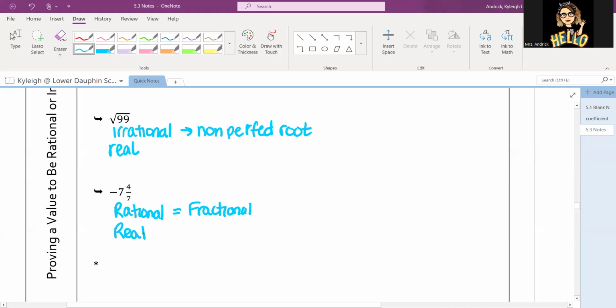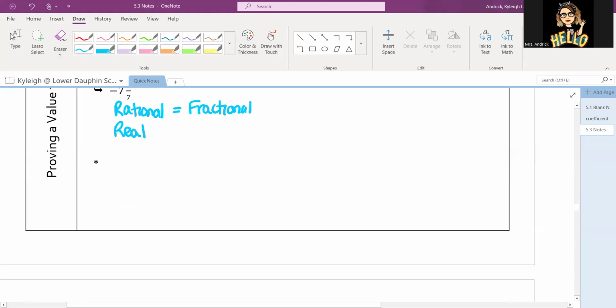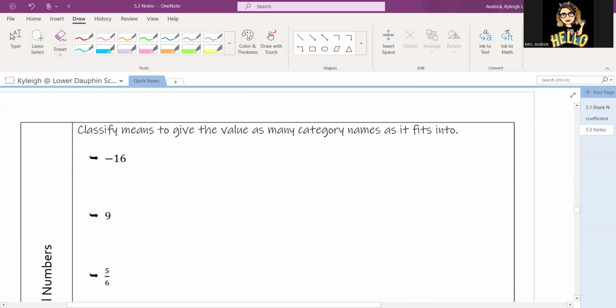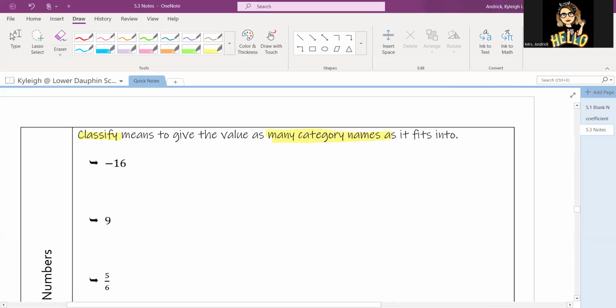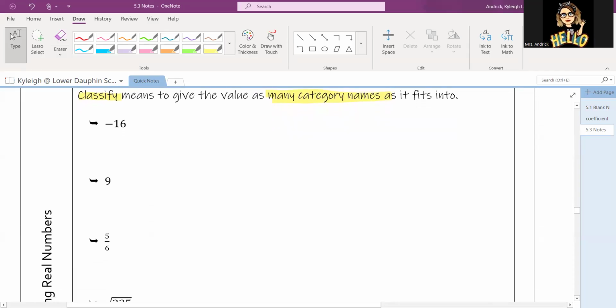All right, let's go to the back. On the back, it says classify. When we say to classify something, that means to give as many categories as possible. So we want to give it all the possible categories. When it's one thing, it filters up to the other. Looking at this, I see a negative whole number. Negatives come into play at integers.